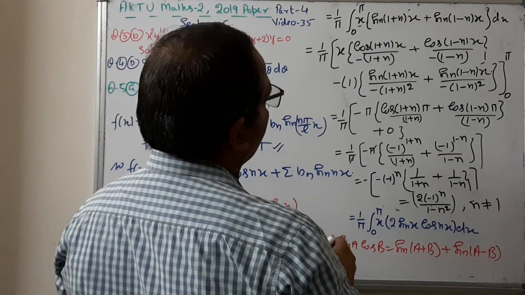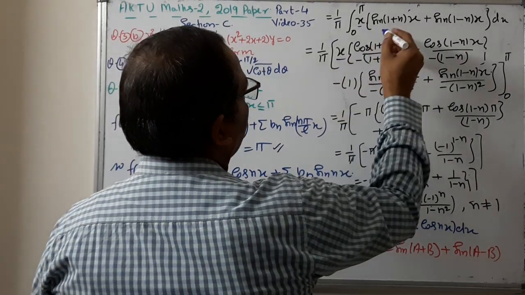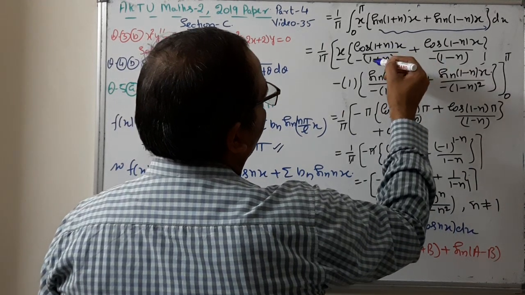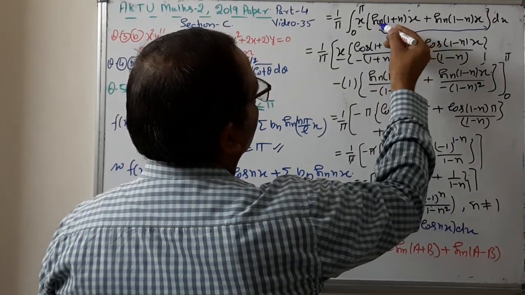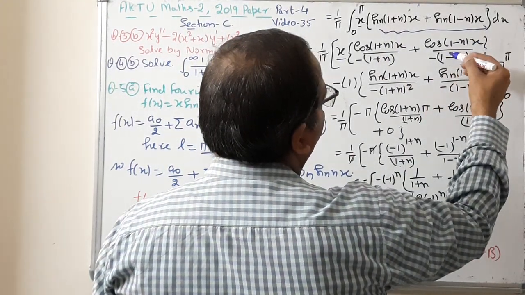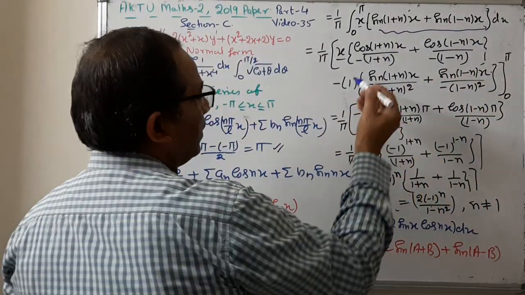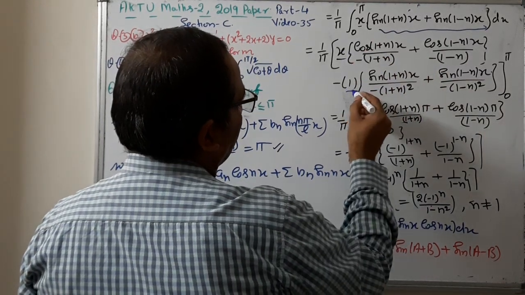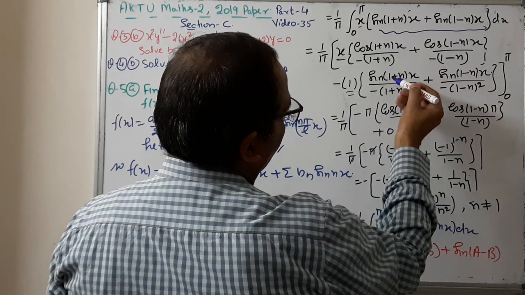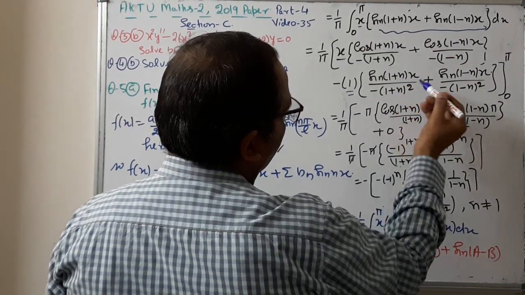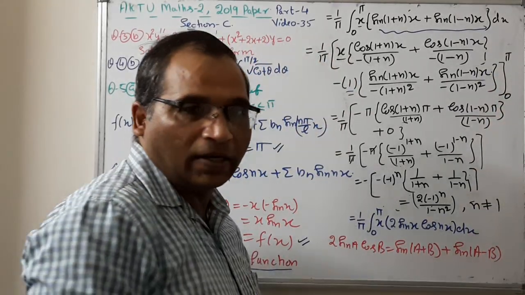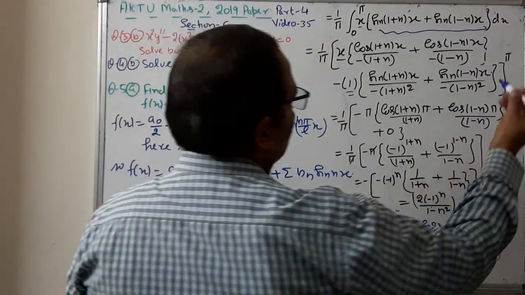So we get the first function as it is, times the integration of the second, that is minus cos((1 plus n)x) upon (1 plus n), with a minus sign because the integration of sine is minus cos, plus minus cos((1 minus n)x) upon (1 minus n). And then minus the differentiation of x, which is 1, times the integration again, which is sin((1 plus n)x) upon (1 plus n) whole square plus sin((1 minus n)x) upon (1 minus n) whole square, with limits 0 to pi.